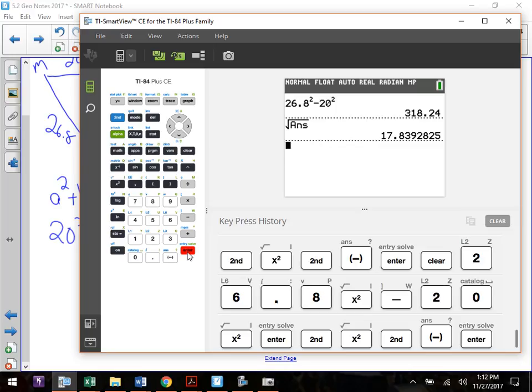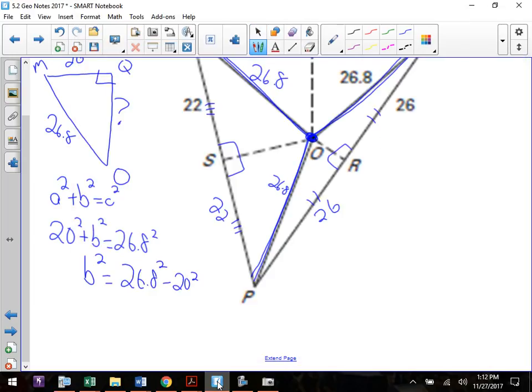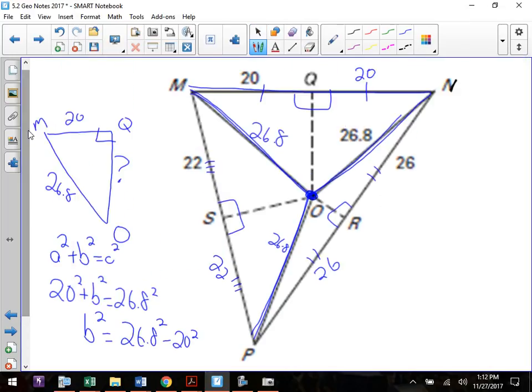And that'll get you one of those segments. So you're going to start to see that we're going to mix up a little bit. And I can do the same thing for finding this one. 22 squared plus something squared is 26.8 squared. And just move it around again.